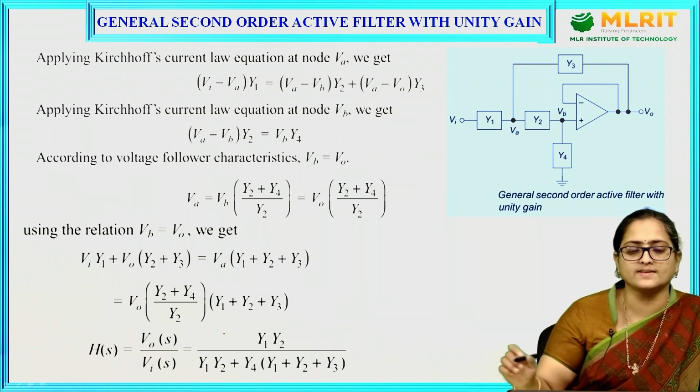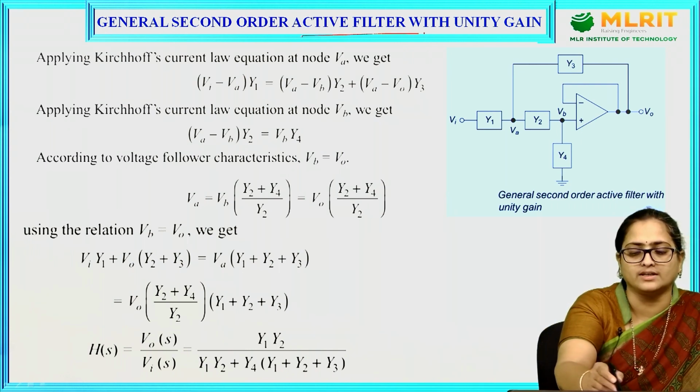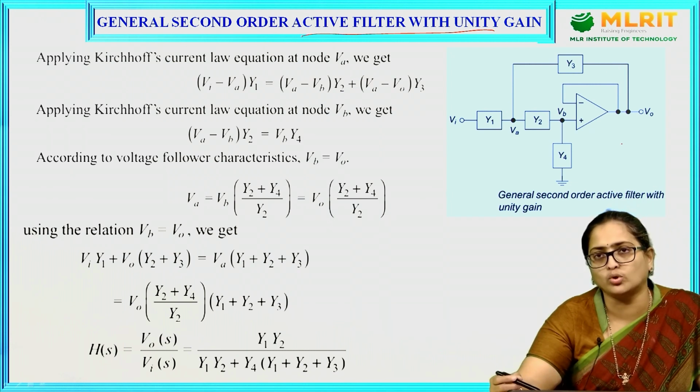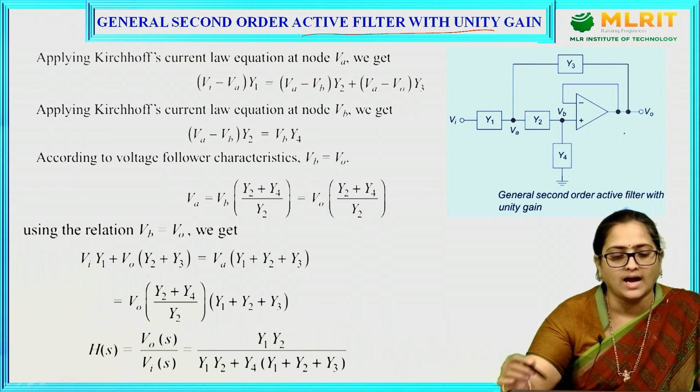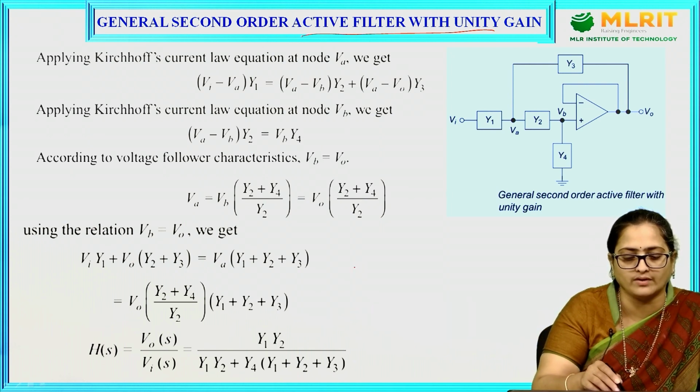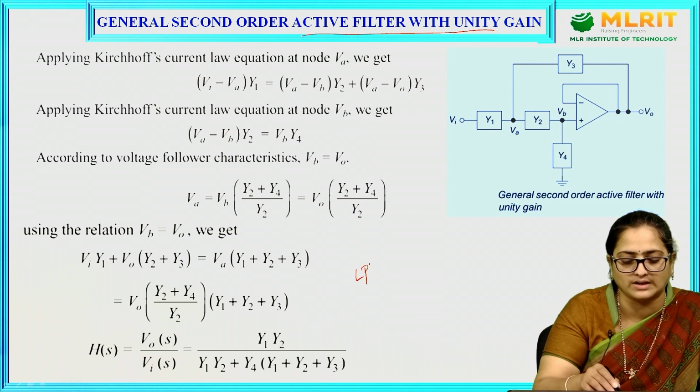Now, coming to a second order active filter with a unity gain. This is a basic circuit which can be used for both low pass filter and high pass filter. The derivation was given in the previous video, when I was dealing with the low pass filter circuit.